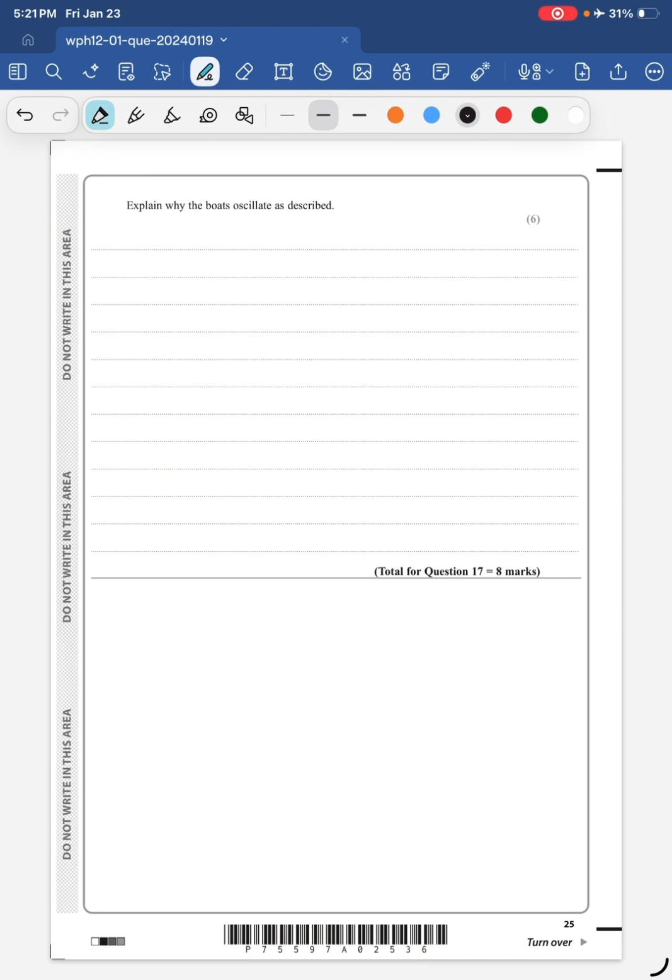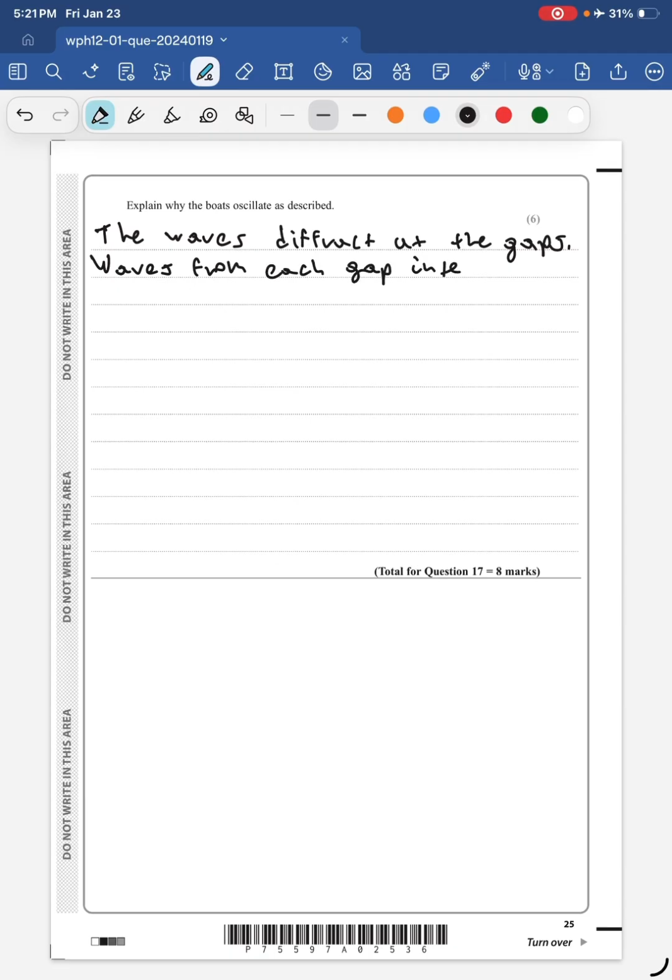Okay, so the waves diffract at the gaps. Waves from each gap interfere.